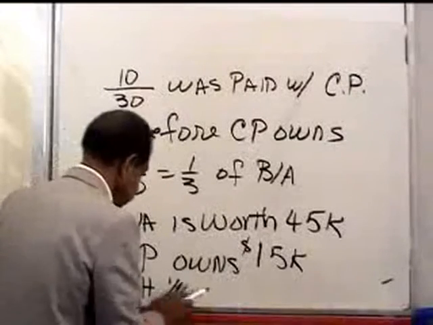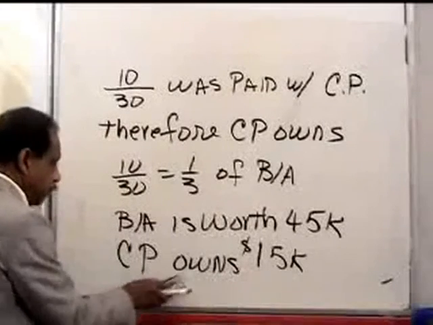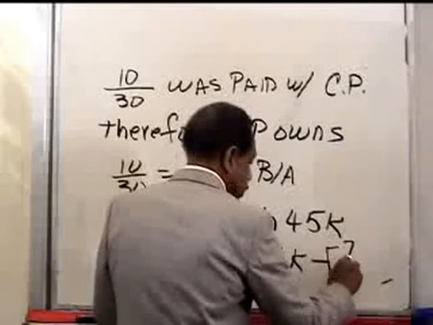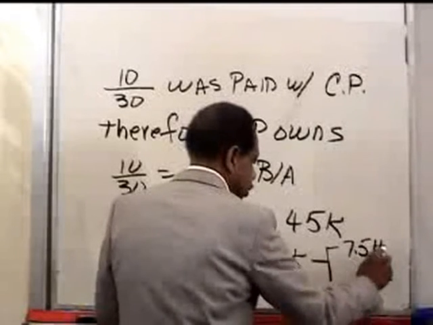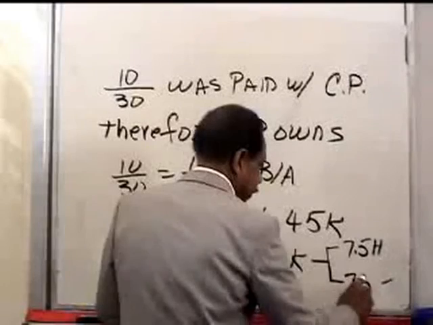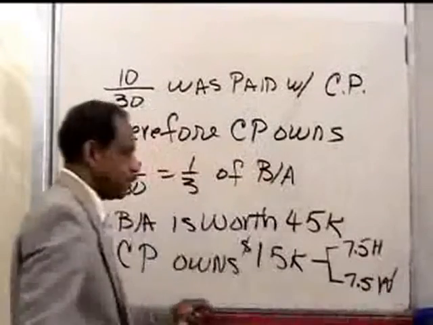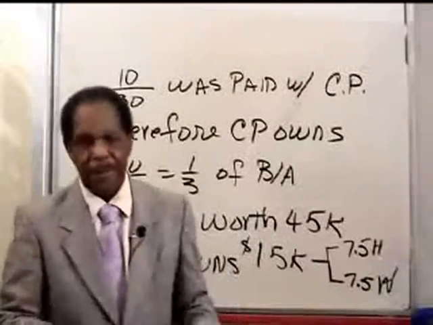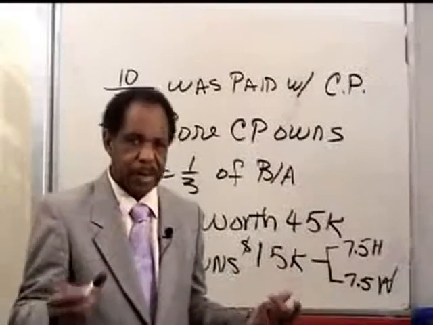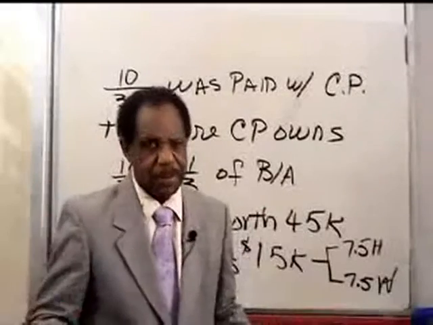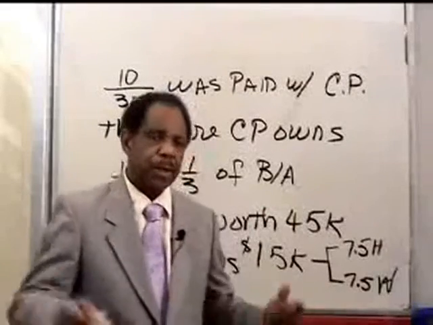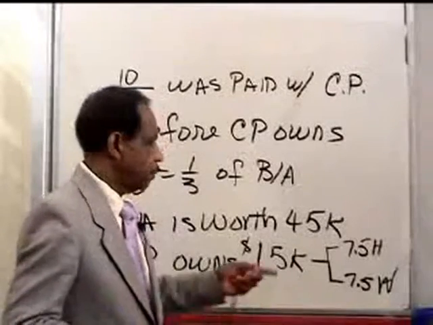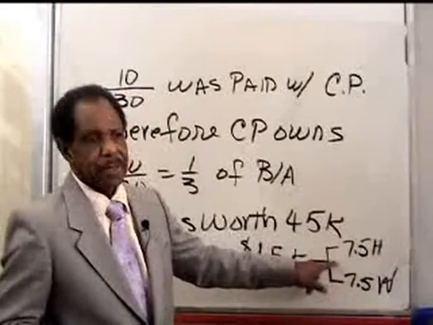Now H inherited this property, so this 15,000 goes 7.5 to H and 7.5 to W. And that's fine, but don't forget that H is the one who inherited the property. And so the $20,000 that had already been paid goes to H. So H is going to get the $20,000 that had been paid before he inherited it, plus the $7,500 that he gets from this.